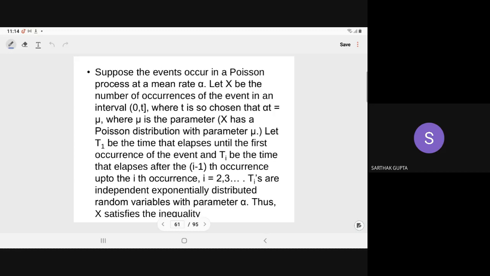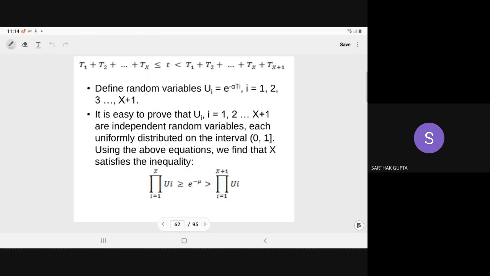And here the ti follows the exponential distribution with parameter alpha. Thus x satisfies the following inequality: t1 plus t2 plus up to tx. x is the number of occurrences, whatever occurrences we are talking about.